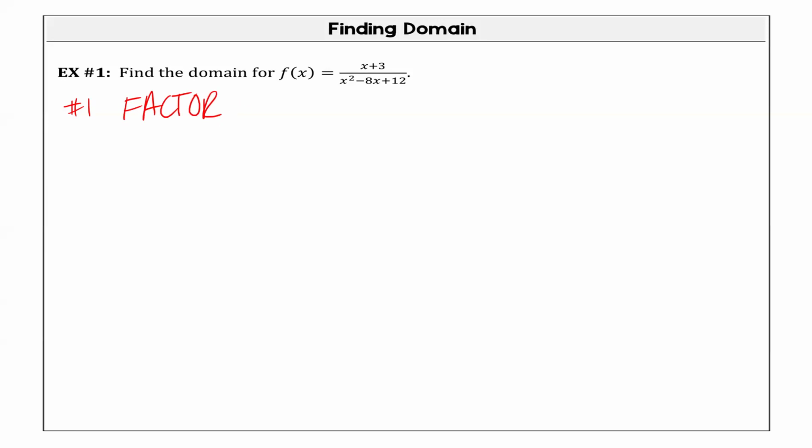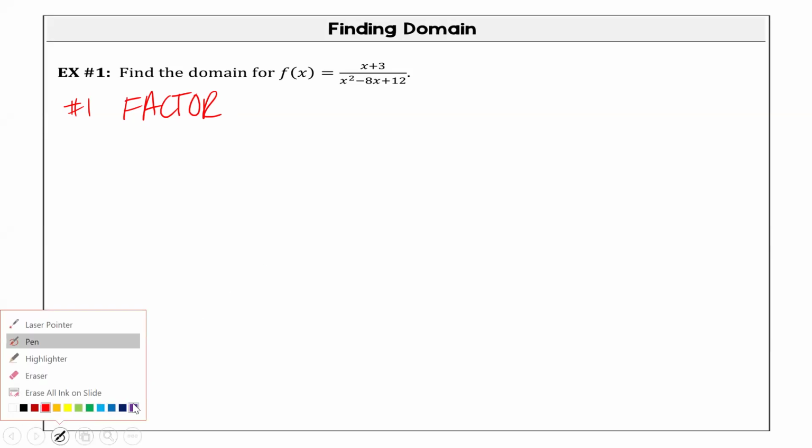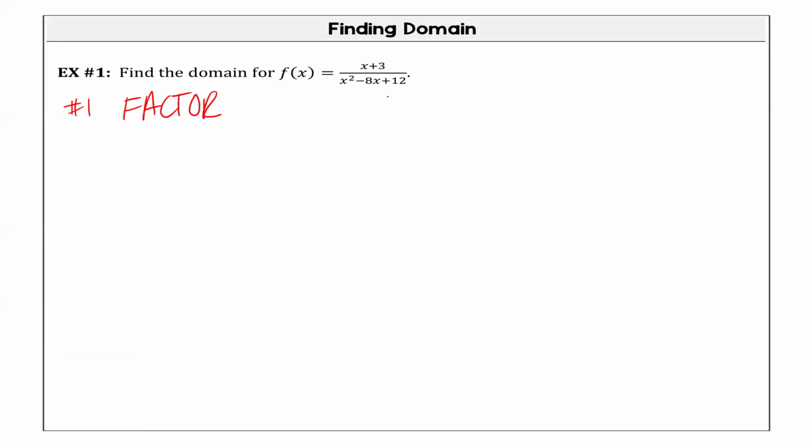Okay. What kind of factoring can I do with this one? How can I factor my denominator? What do I ask myself? There's no GCF. Good. We do always start with GCF. That's step 1.